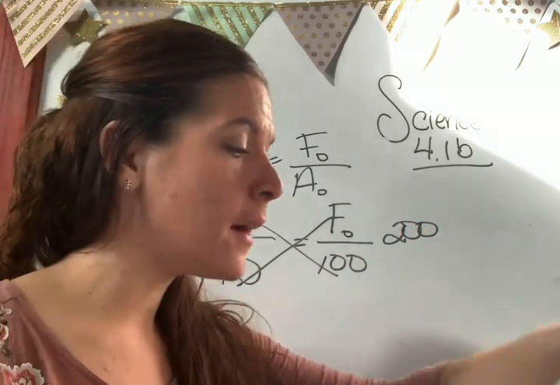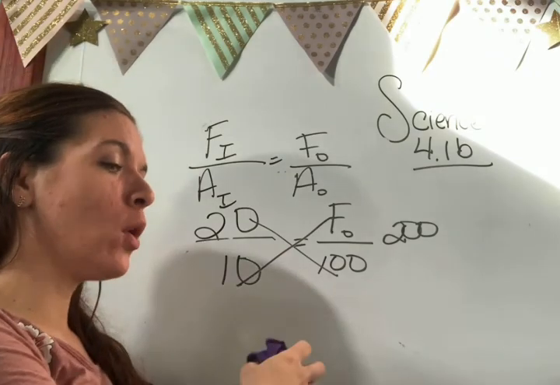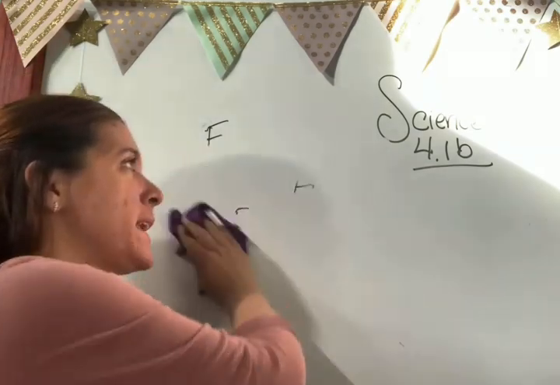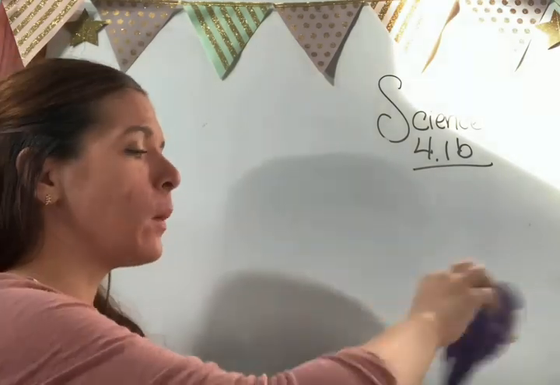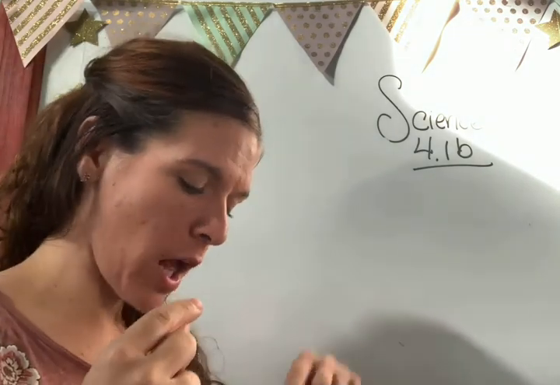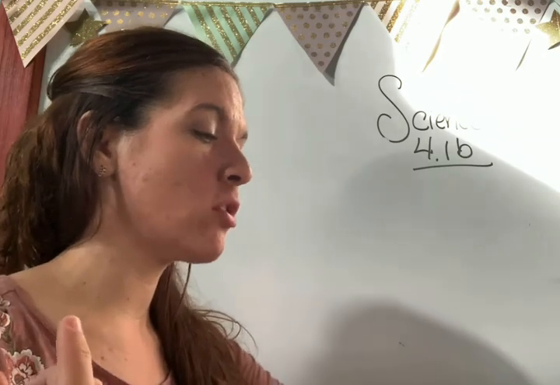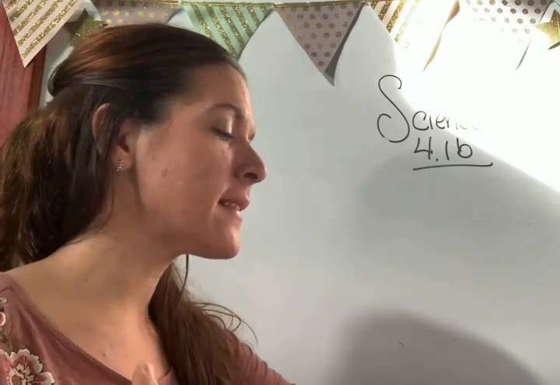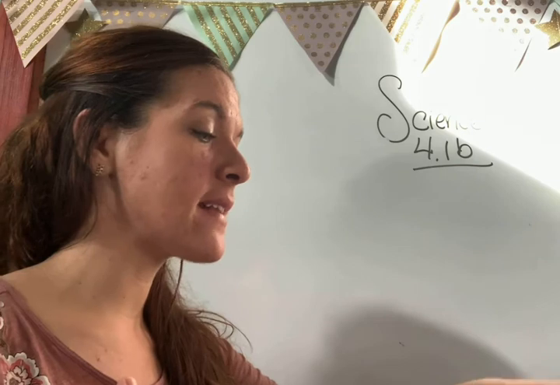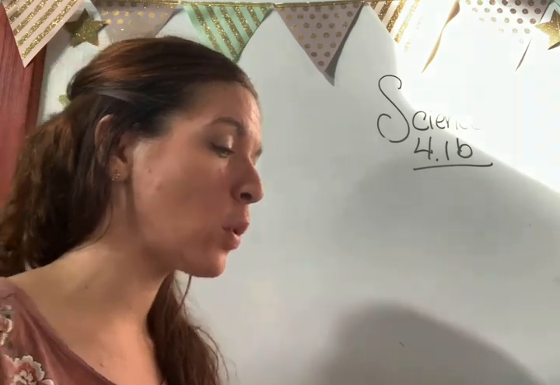Okay, look at practice 4.1b. In 4.1b, we're going to have to refer to a little bit of information up above it, but I will show you what information we need to solve these problems. The first one says the small cylinder of a hydraulic press has an area of 15 centimeters squared.